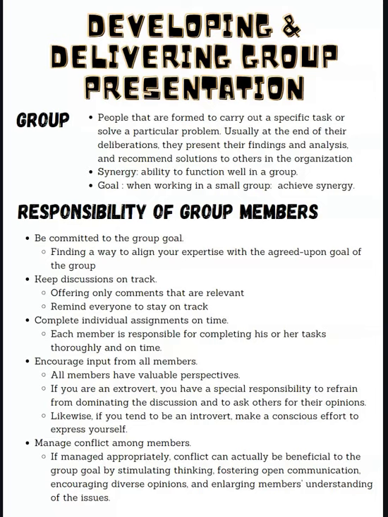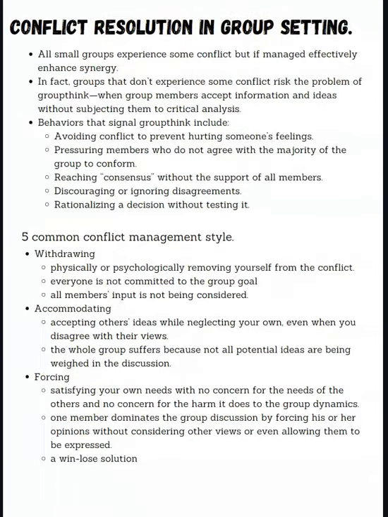What happens if you don't achieve synergy? If there's conflict and you can manage it, as I mentioned, you can get synergy. But if you don't, you will end up with groupthink, where group members tend to accept whatever ideas are given by any member, without any discussion, without weighing in the pros and cons. Why does groupthink happen?